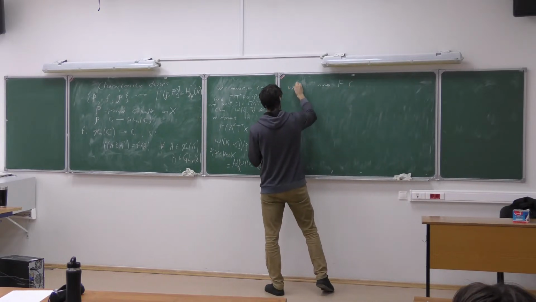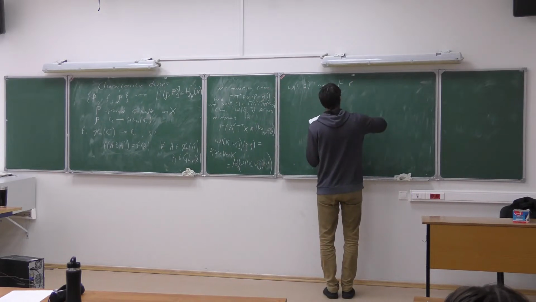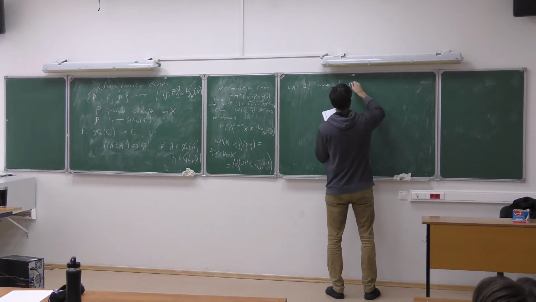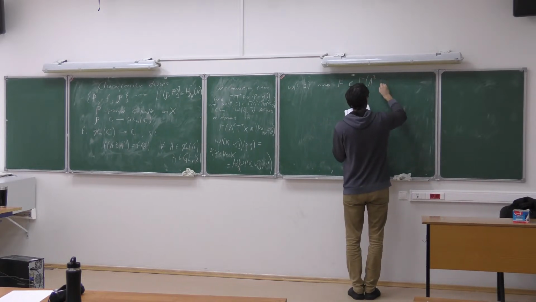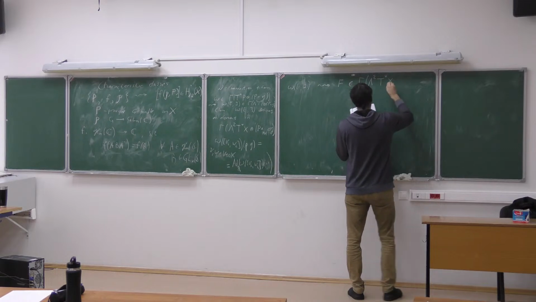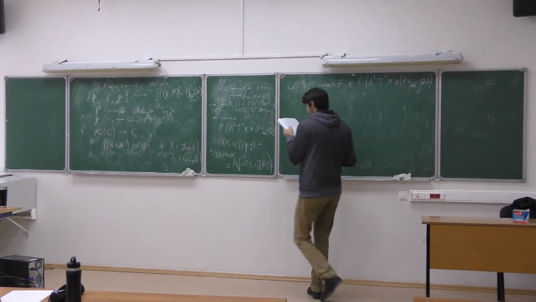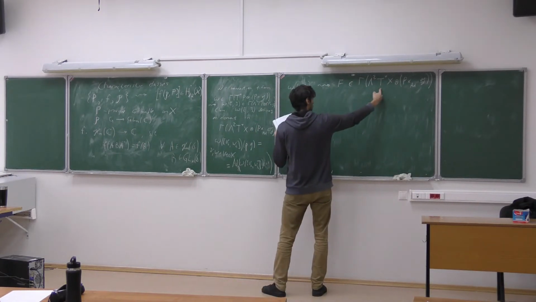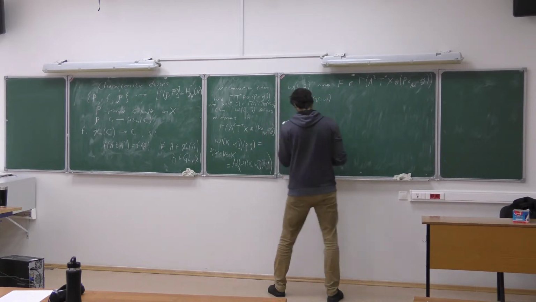So my omega, this two-form, defines an element F, which is a section of lambda 2 T star X tensor P at G. So, okay, it eats two vector fields, right?